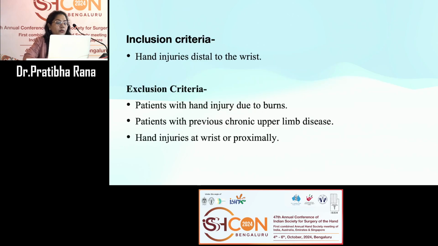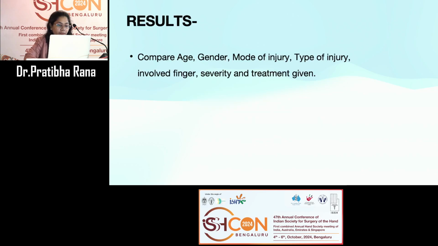For inclusion criteria, I am taking hand injuries distal to the wrist. The exclusion criteria of my study were hand injuries due to burns, patients presenting with chronic injuries or prior injury, and injury proximal to the wrist.